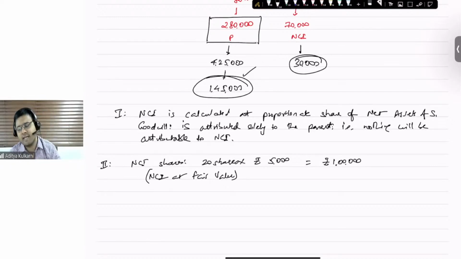So the number of shares held by NCI into the market value gives you the NCI at fair value. So when you are given the market price of shares of S, that is a hint that you will have to measure NCI at fair value.